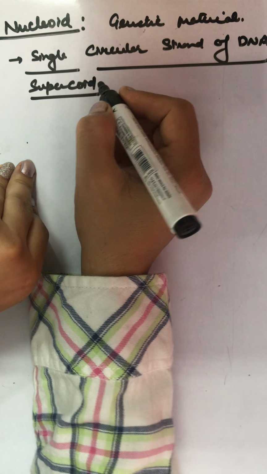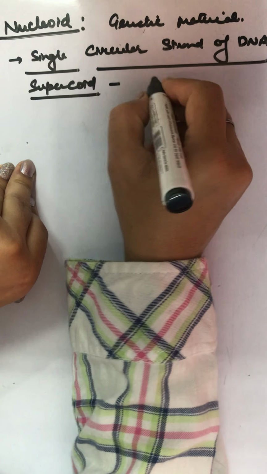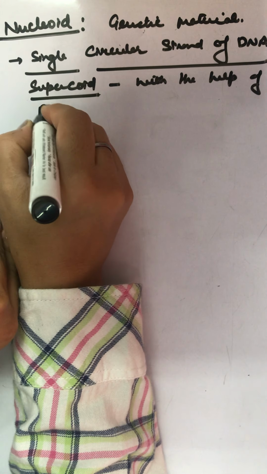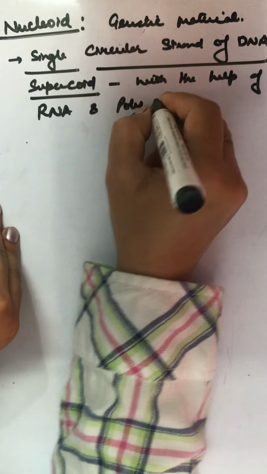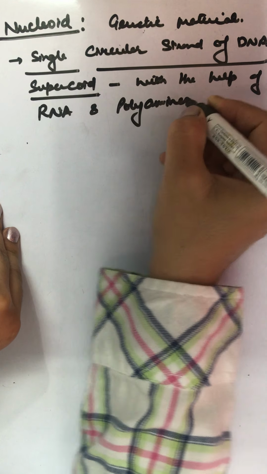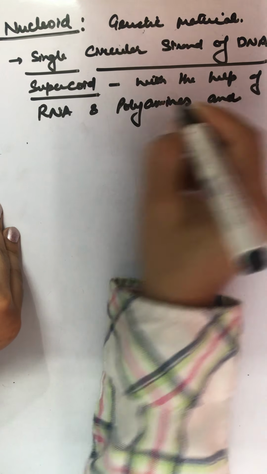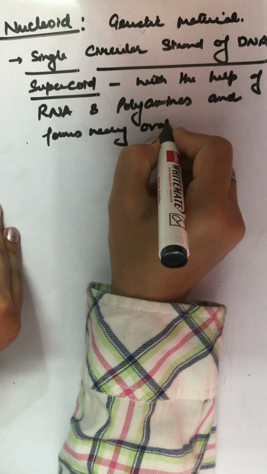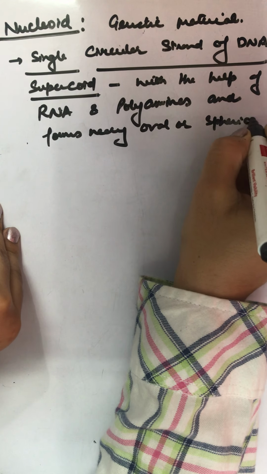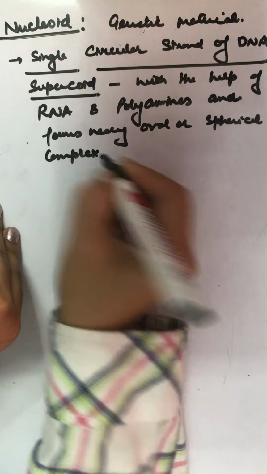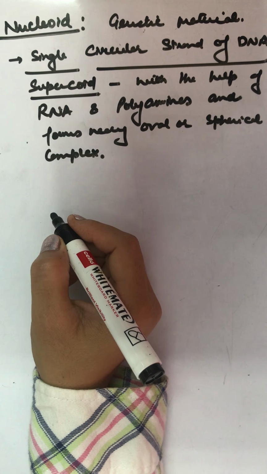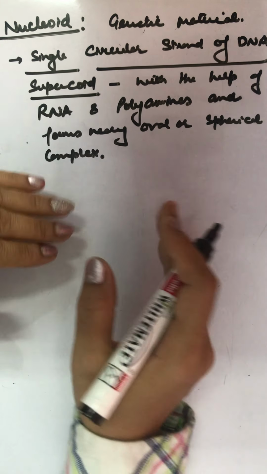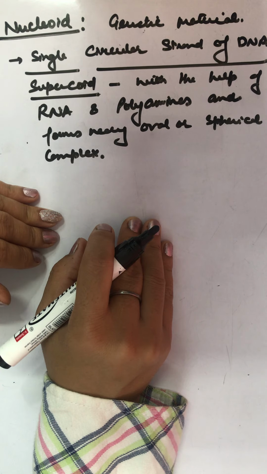Supercoiled with the help of RNA and polyamines, and forms a nearly oval or spherical complex. So basically, these polyamines or nucleoid proteins are different from histone and non-histone complexes.